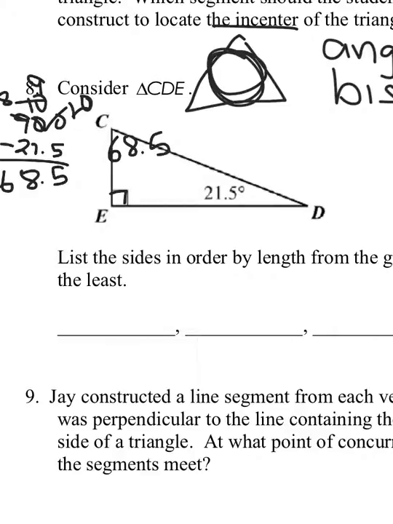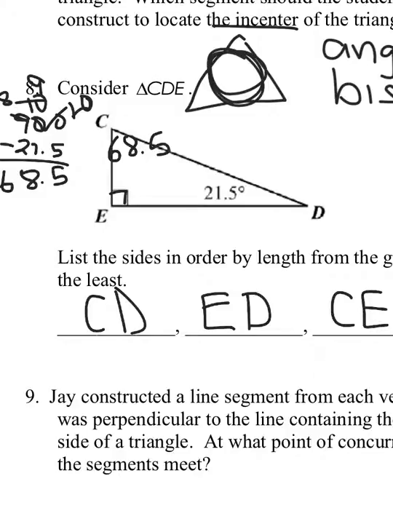So, what side of the triangle is the longest? Good. What's the second? And what's the smallest? Good. And if you're not sure where they're getting those from, remember, largest angle across from longest side, shortest angle across from smallest side.